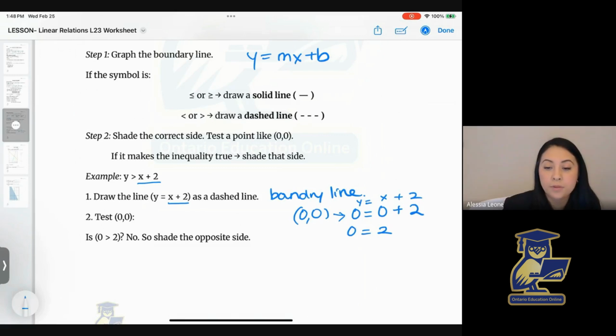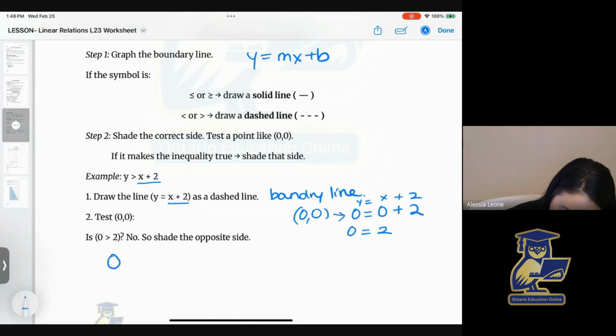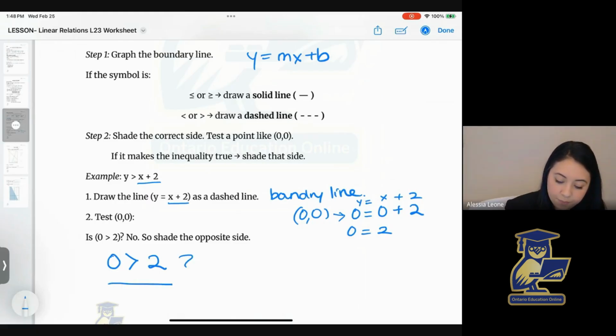Now let's look at our inequality. Is this true? Is 0 greater than 2? The answer is no. So you would shade the opposite. You would shade on the graph whatever side makes that relevant.